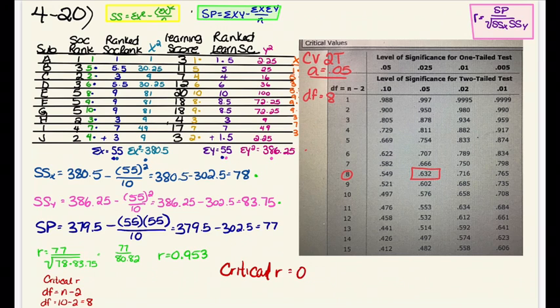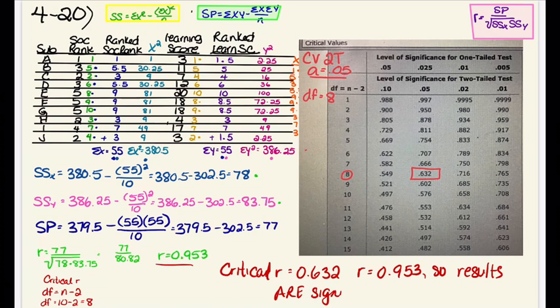When we look at the row for 8 degrees of freedom, in the column of an alpha level of 0.05 for a two-tailed test, we find that our critical correlation is 0.632. Since our R value is well above that, which would be in the tail, we find that our results are significant for the correlation between social rank and learning ability.